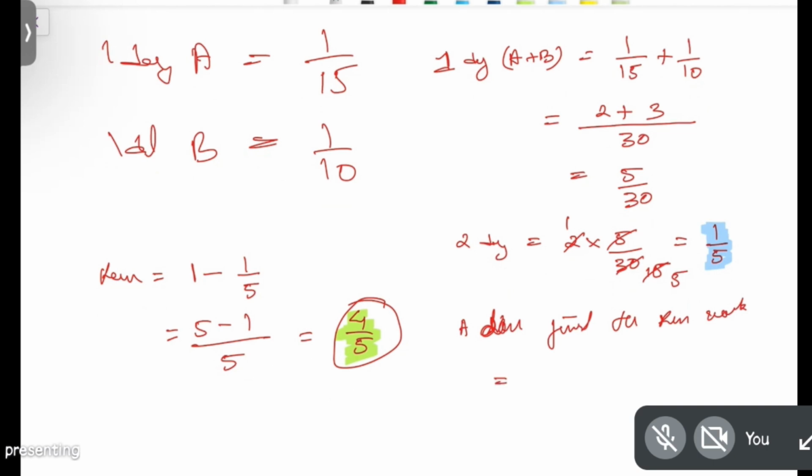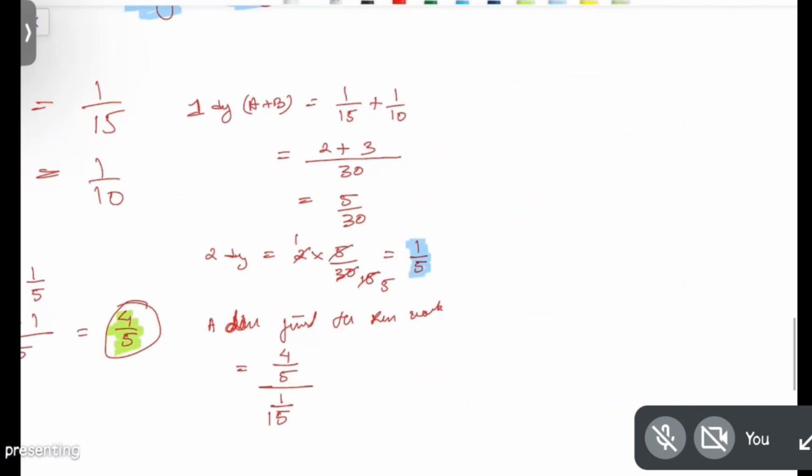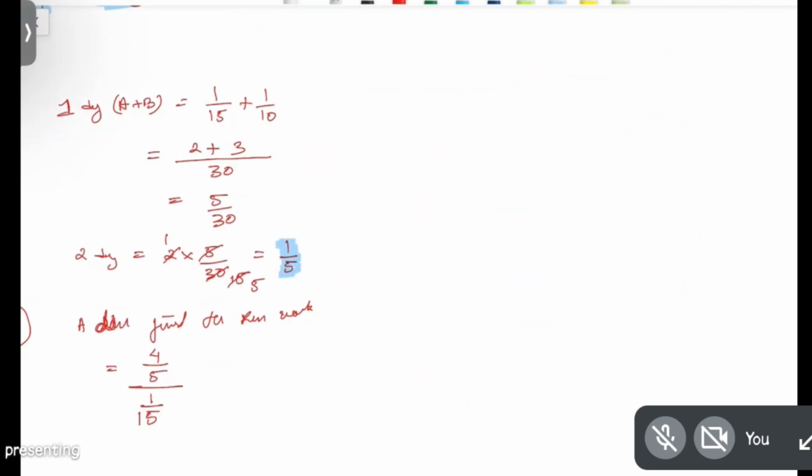A alone, there is a total of 4 by 5 work, and that needs to be done by A, and in 1 day A is doing only 1 by 15. I'll tell you a numerical ability something before solving that.